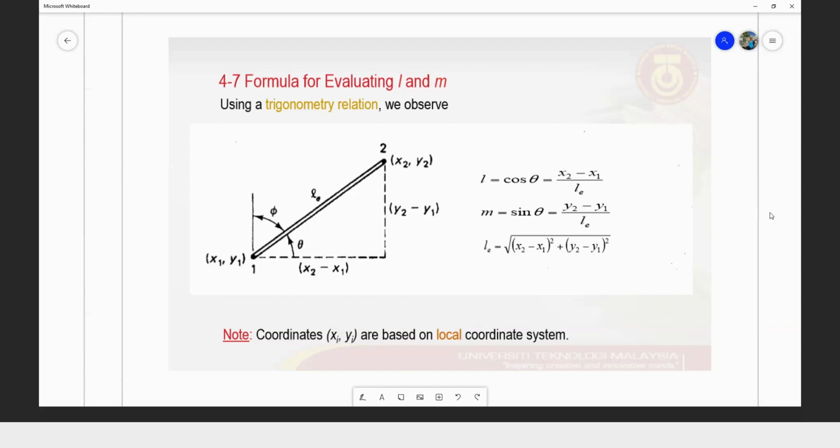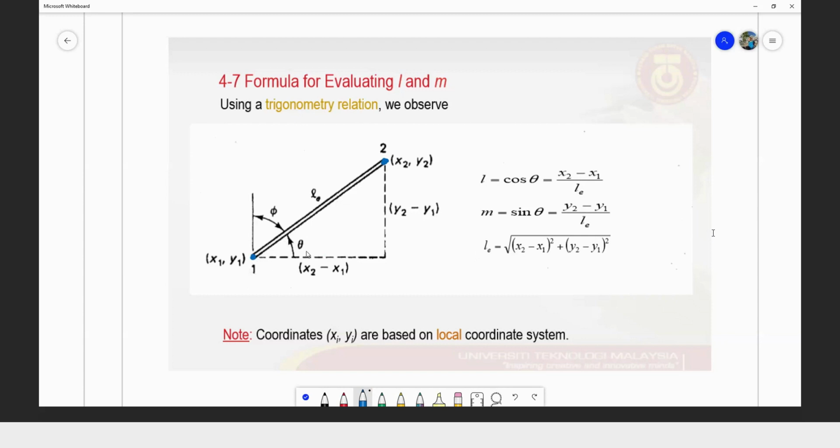Alright, formulation for evaluating L and M. Now we know that L equals cos theta and M equals sin theta. Considering our truss element from node 1 to node 2, usually we know the coordinate system of our structure.